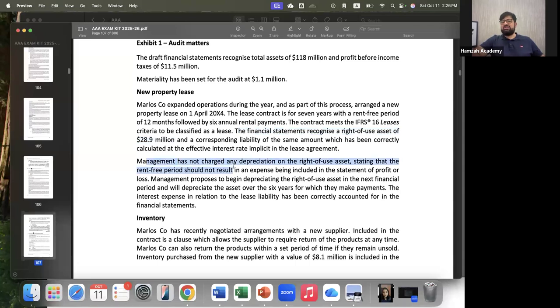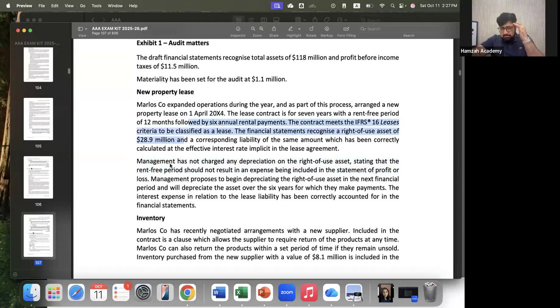Management has not charged any depreciation on the right-of-use asset, stating that the rent-free period should not result in an expense being included in the statement of profit or loss. Now, students, first of all, when we are reading it, this is an accounting issue.